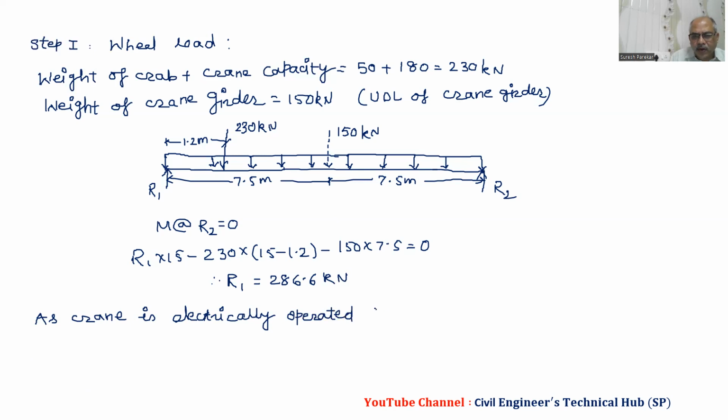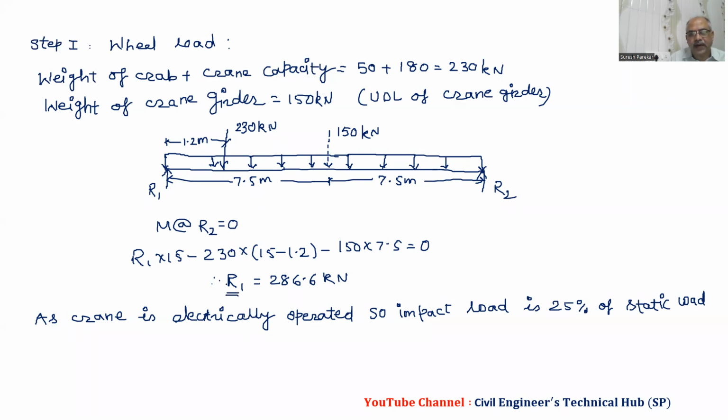Now, as the crane is electrically operated, we have impact load. Impact load is 25% of static load, and the static load, as I already mentioned, is weight of crab, weight of gantry girder, and crane capacity. Now from this we will get the R1 value.